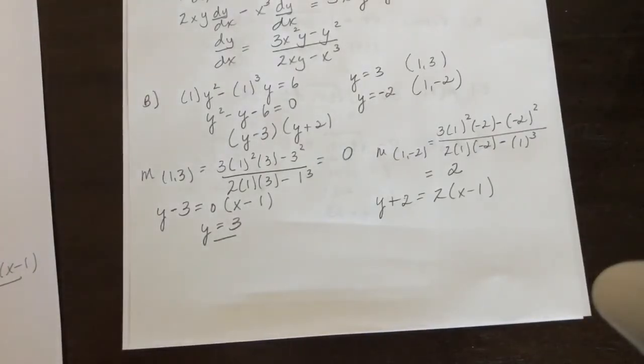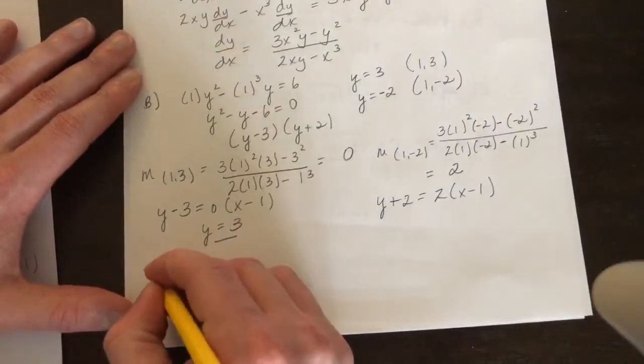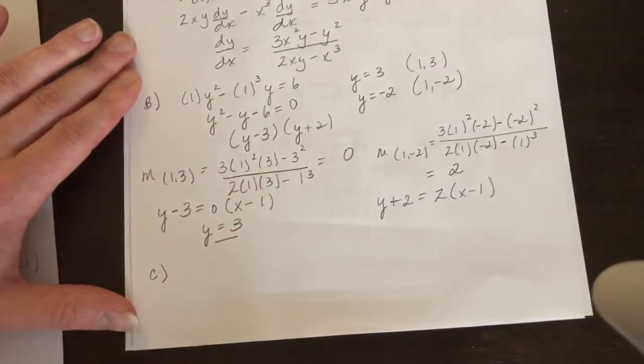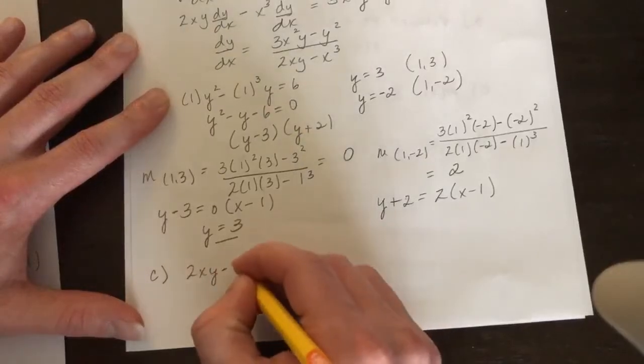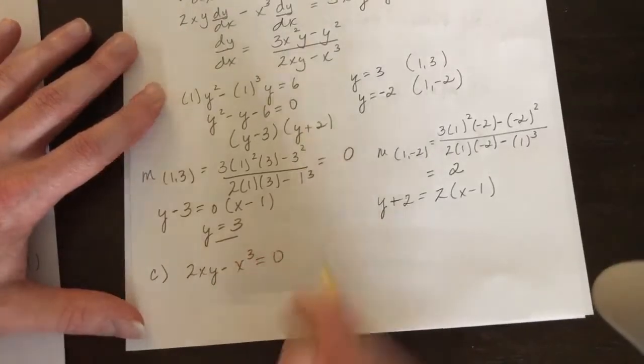Okay, part C, it says find the x-coordinate of each point on the curve where the tangent line is vertical. So the tangent line is vertical where the bottom of the derivative is equal to 0. Okay, so we're going to set 2xy minus x cubed equal to 0.